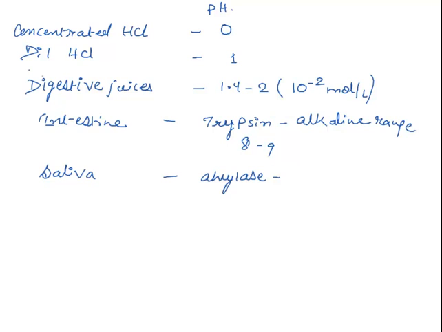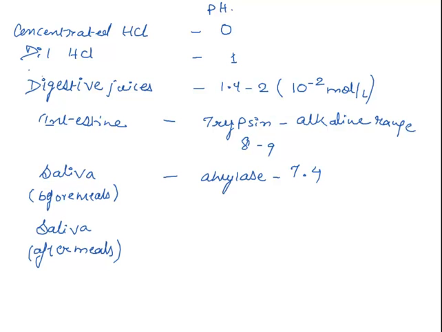So it is amylase, and what will be the pH? Before meals, the pH is 7.4 and it is saliva. After meals, what will happen?